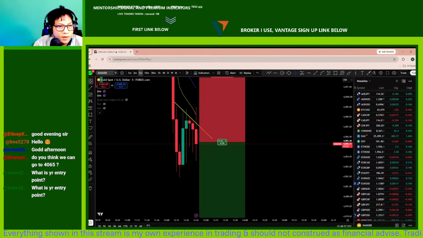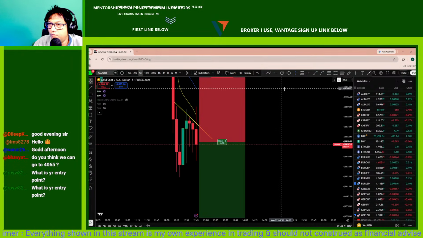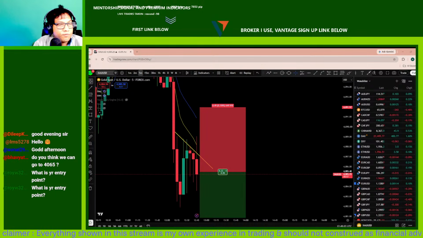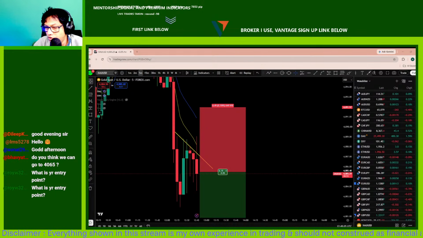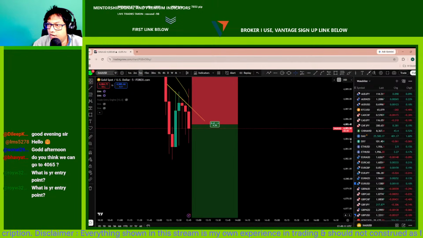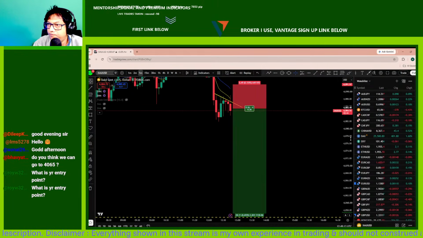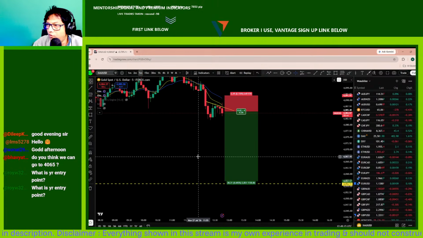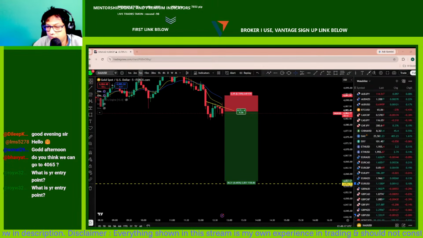Okay, so the stop loss will be put above this high here at 4091.97, and the TP target will be set below here, 4056, 4057.17.